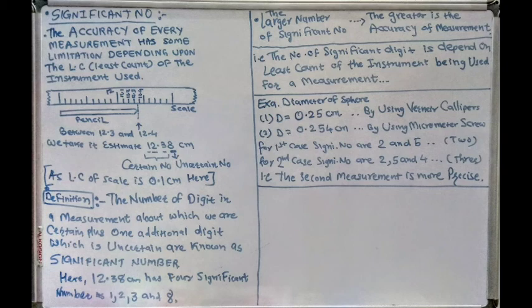In the first case, there are two significant digits, 2 and 5, while in the second case, the number of significant digits is 3, that is 2, 5 and 4, which shows that the second measurement is more precise. In mathematics, all the numbers are definite figures. The question of significance arises only when a number represents the measured value of a physical quantity.